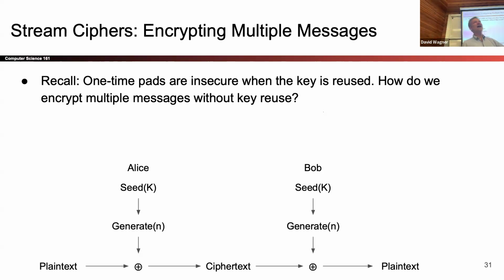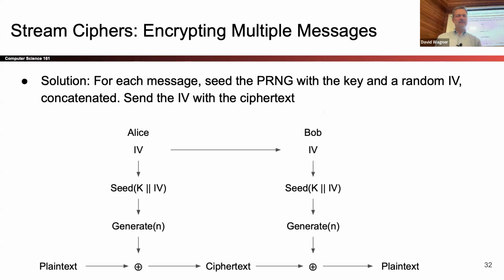I can generate a pad for the first message from the PRNG, but how do I get a pad for the second message? I don't want to reuse the same pad. So I need a way to actually generate not just one pad, but multiple pads, a separate pad for each message I want to encrypt. In other words, get different pseudorandom number bits for each message, even though it's the same key for all of them.